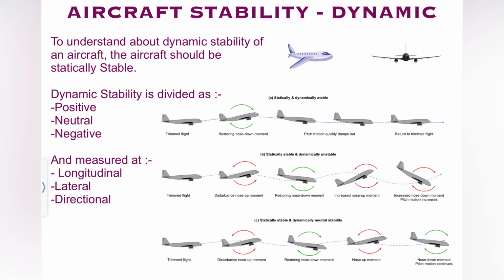Dynamic stability is measured on three axes, which we had discussed in static stability. If it is happening on the longitudinal axis, that means the nose pitches up and down, and how it behaves is the longitudinal dynamic stability, whether positive, neutral or negative. If it is happening on the lateral axis, that means the lift on one wing increases and the aircraft rolls one way, then comes back and rolls again, and we look at the amplitude of the rolling. That is lateral. The third is directional, in which the aircraft goes left and right.